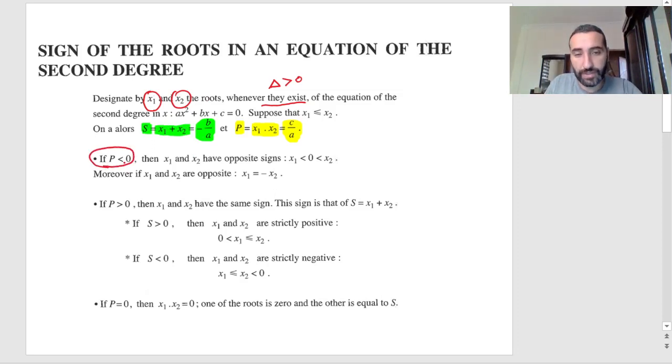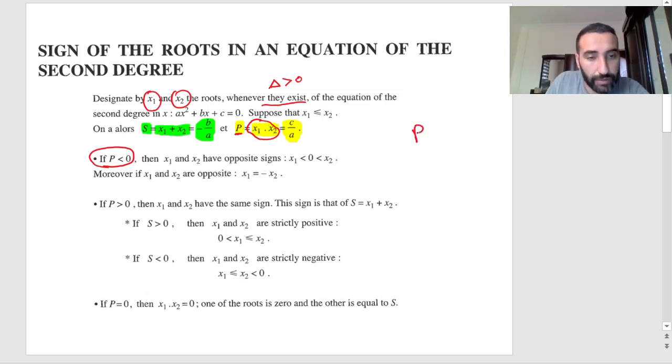What does it mean that the product is negative? It means x1 times x2 is negative. When two numbers multiplied by each other give a negative result, what does that mean? It means one of them is positive and the other one is negative.